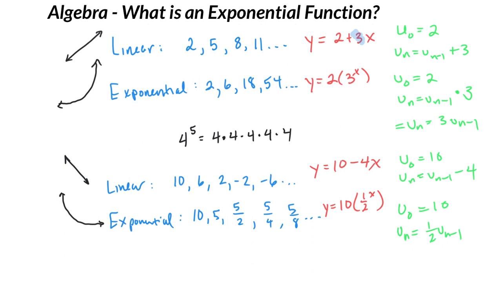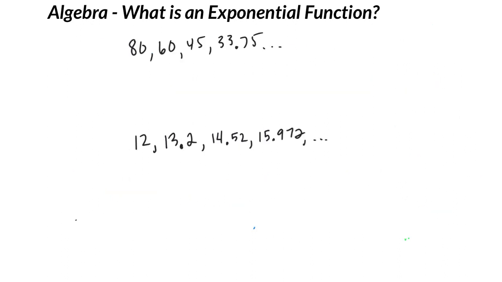Now, things to look for with exponential equations. Let's say we had just a pattern of numbers and we wanted to fit an exponential to it. And of course, you'll notice it's not linear because while we subtract 20, we don't do that again. Okay, so it's got to be an exponential for us right now.